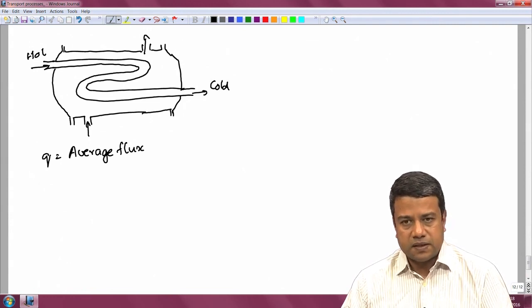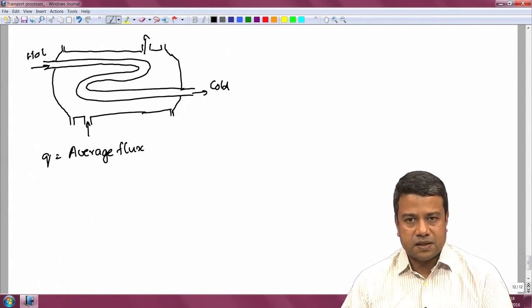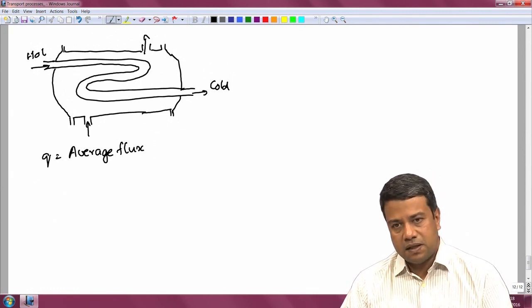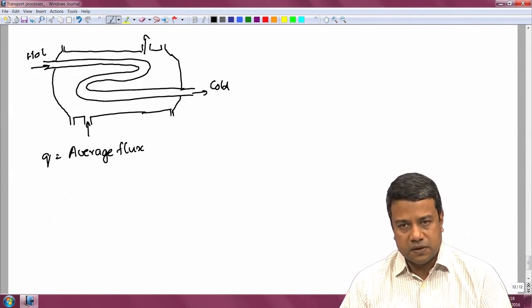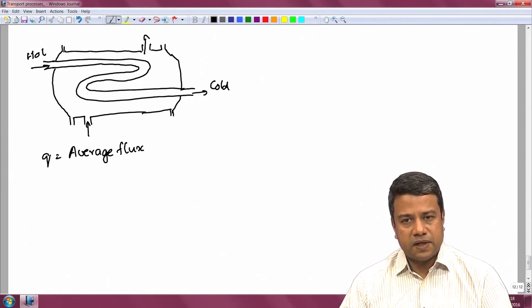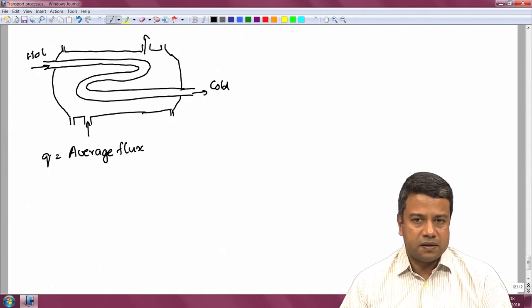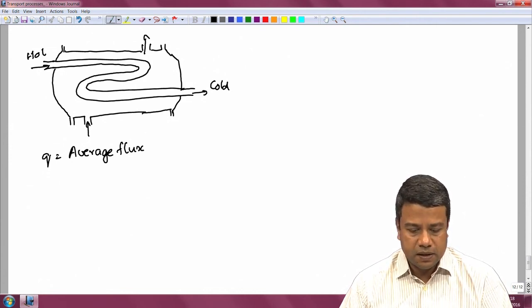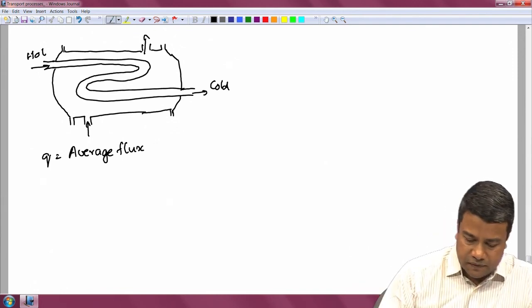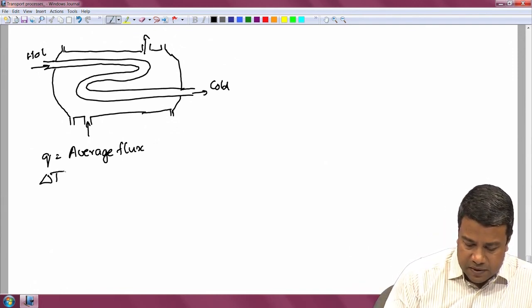Whereas the fundamental quantity here is the rate of heat exchange, the heat that is transferred per unit time across the wall, we express this in terms of an average flux, which is the total heat transfer divided by the area. Obviously, there is a more convenient way to do it, because as you keep increasing the area, simplistically you would think that the flux has to increase. And that is going to be a function of the average temperature difference.